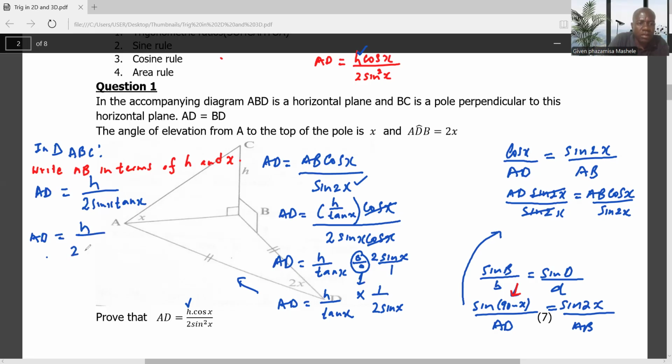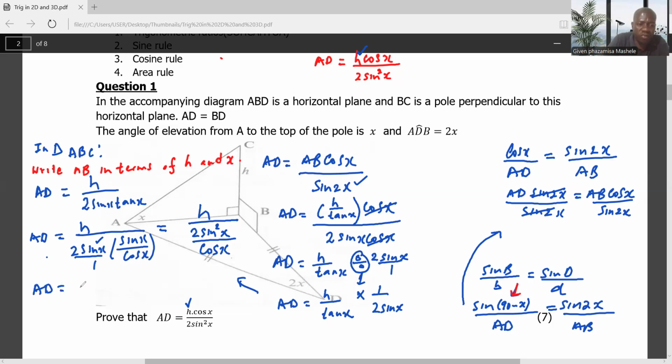What is tan? Tan, we know it's sine over cos. And this over 1 because we're having a fraction. So this will result in H divided by, let's multiply the numerator, 2 sine squared X divided by 1 multiplied by cos X. You still see that you have another fraction.